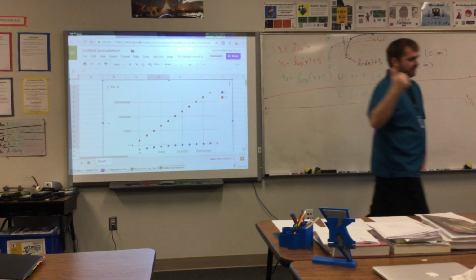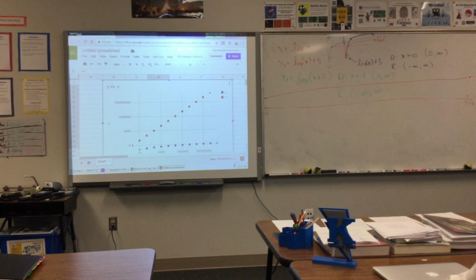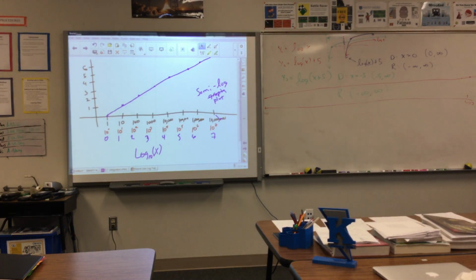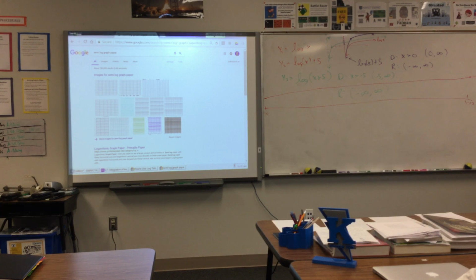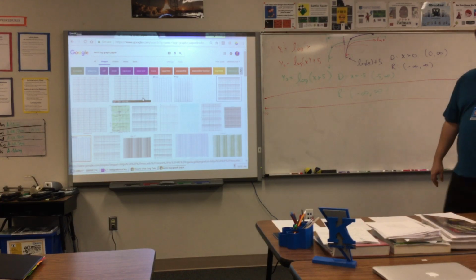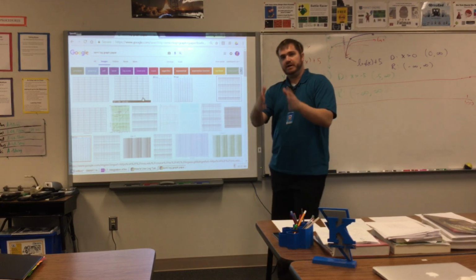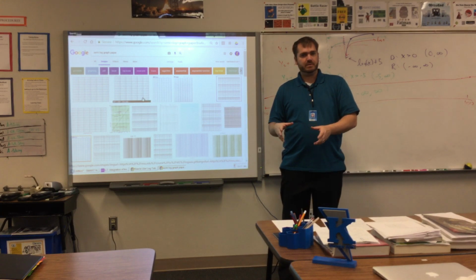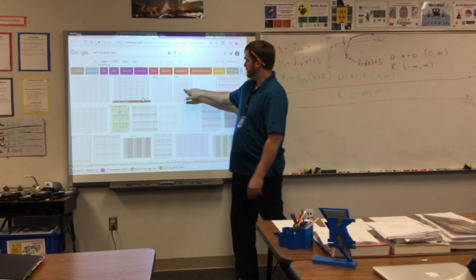And it used to be, before they had that button on Google Sheets and on Excel, oh, there's Google Arts and let's look up semi-log people. If you were in engineering, or if you were in pre-cal, you would have to buy graph paper, not just regular graph paper, but you'd also have to buy semi-log graph paper or log-log graph paper.